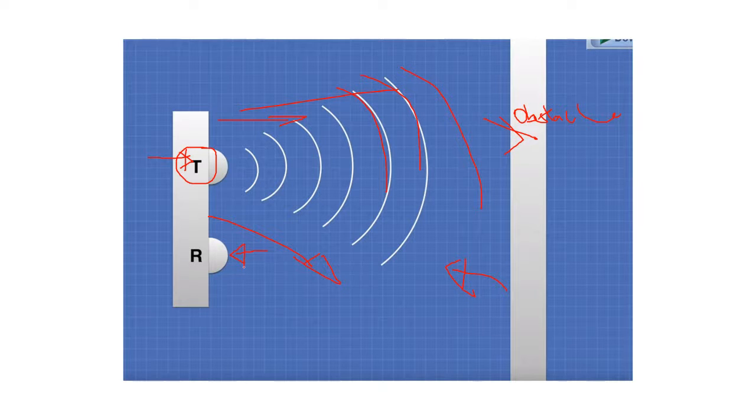The wave has been thrown, then it reaches the obstacle, and then it bounces back. The receiver now receives those waves or the signal, and is able to calculate the distance between this particular object and the obstacle, which is here.